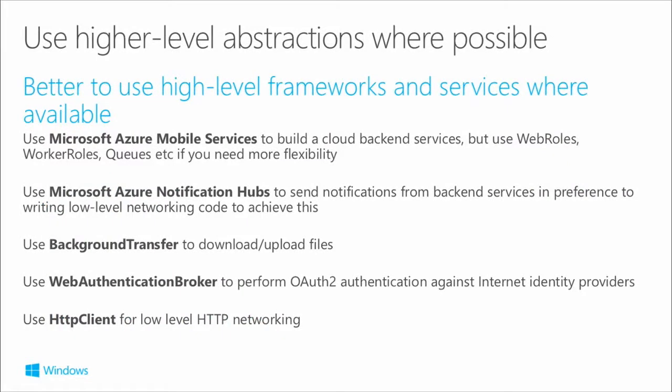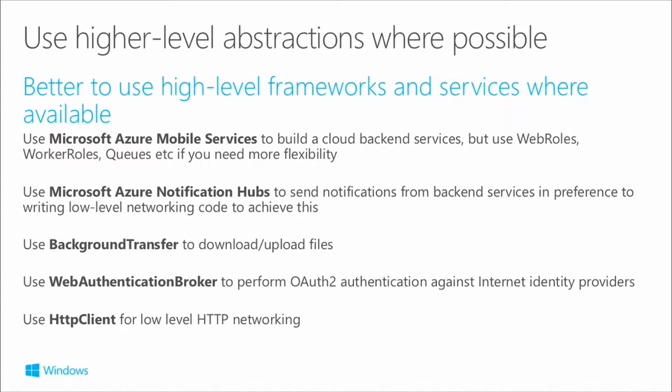And when you're thinking about building networking capability into your apps, don't reinvent the wheel. Don't go right down to the bits and bytes unless you really need to, because there are lots of higher level frameworks and abstractions you can use that make your life much easier. Azure Mobile Services, which we're going to look at in a moment, lets you easily build a cloud backend.